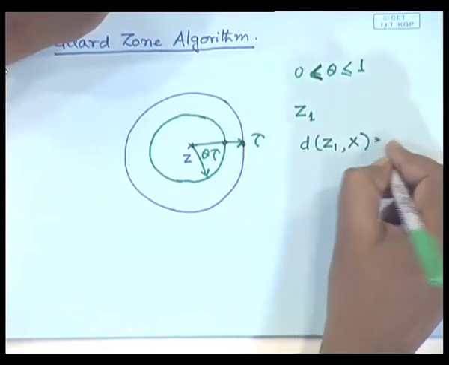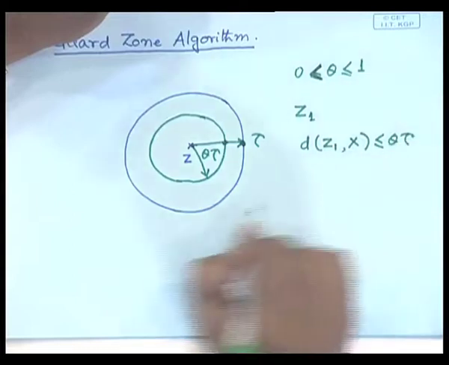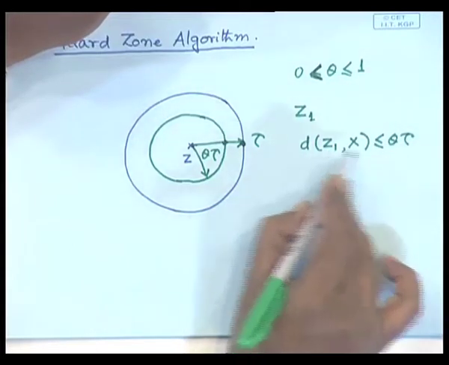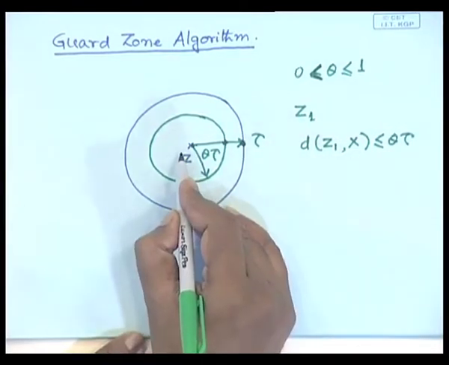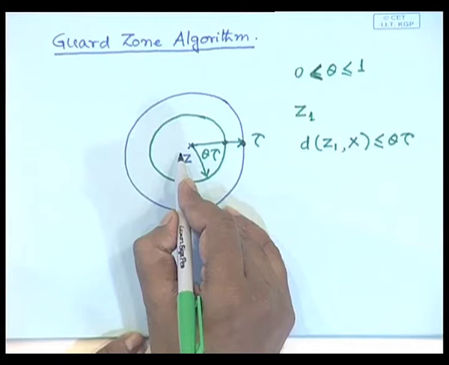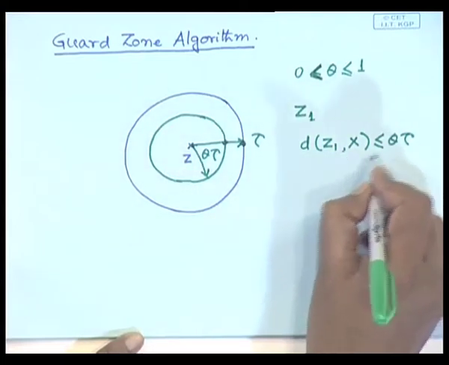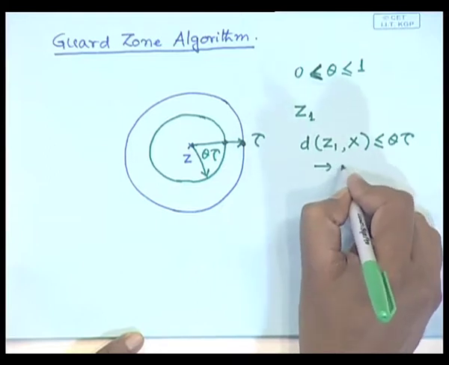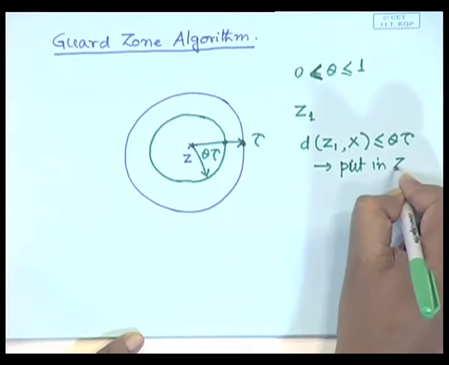If this distance is less than or equal to theta times tau, put it into the same cluster Z1.